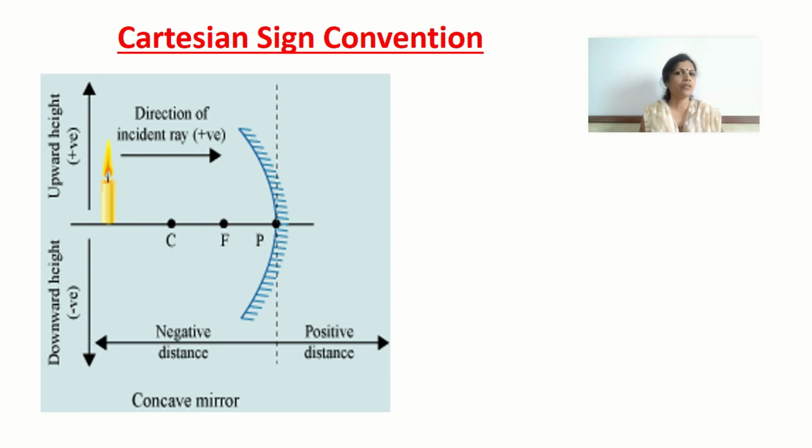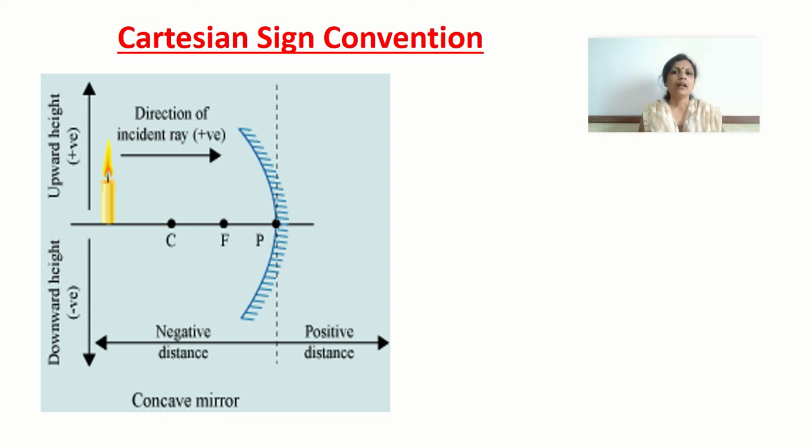And the same thing you have to make use of in case of the mirrors. Since we always keep the object in front of the reflecting surface, it is always towards the left side of the pole, so your object distance will always be negative. We denote object distance by the letter u, so u will always be negative both in case of concave and convex mirrors.